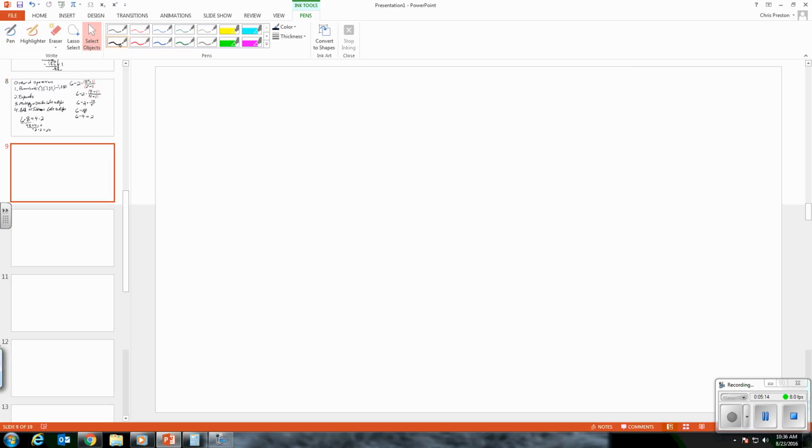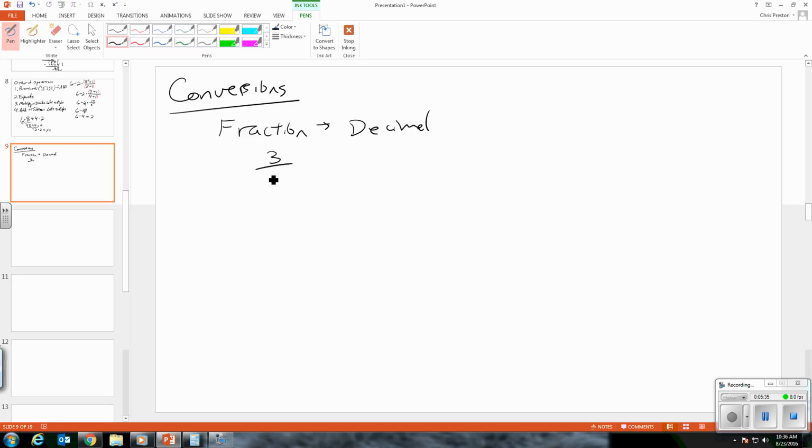All right, let's real quick talk about conversions here between different formats. Let's say I want to go fraction to decimal. I have 3 over 8, and I want to turn that into a decimal.